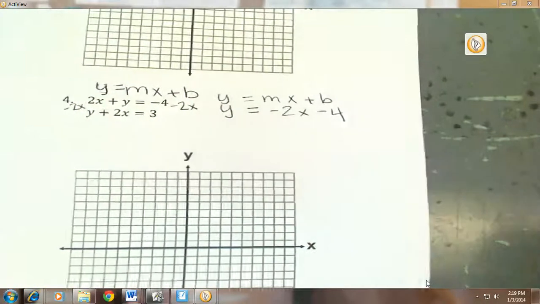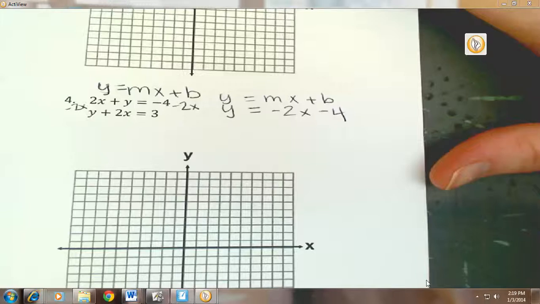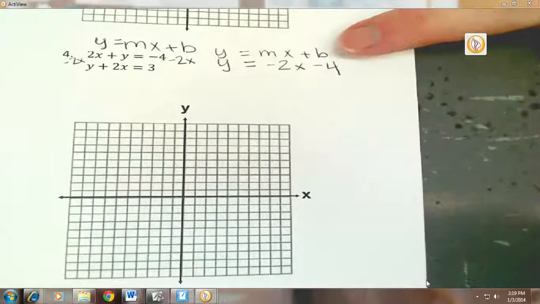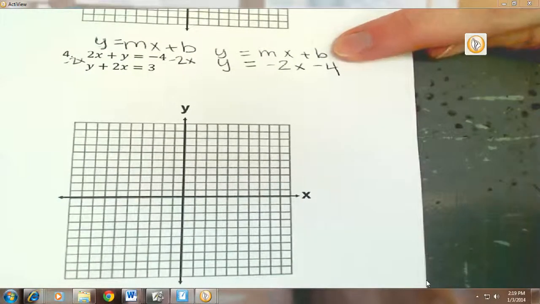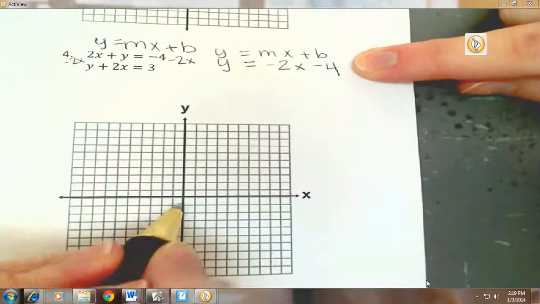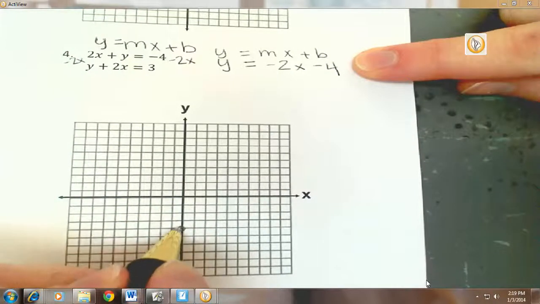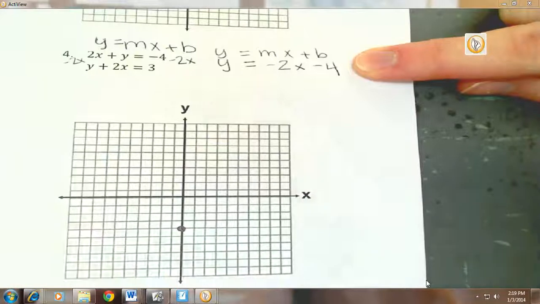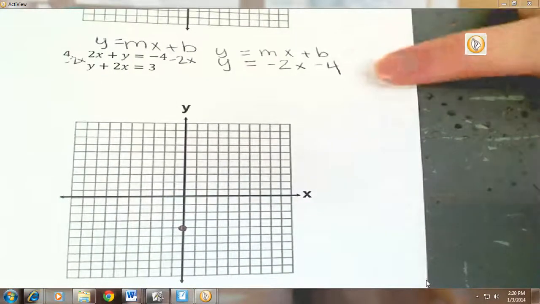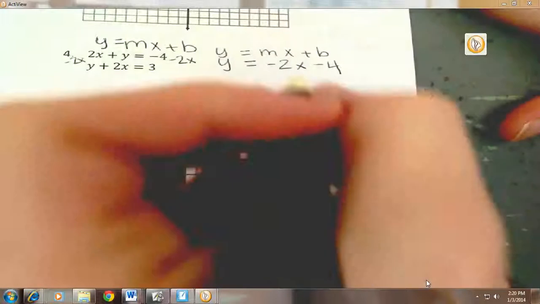I'm going to go ahead and graph this one. The y-intercept is where we begin, which is our b value. Our b value is negative 4, so put a dot at negative 4 on your y-axis. From here, we will use our slope to rise and run. Remember, slope is always a fraction, rise over run.